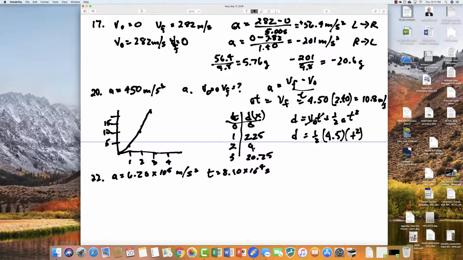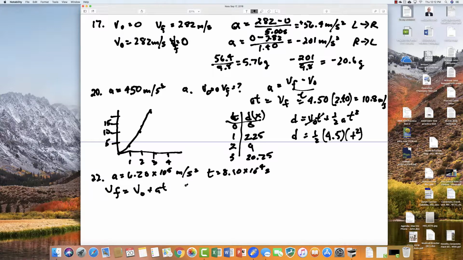The question is, what is the muzzle velocity, or the velocity as it exits the barrel? This is actually quite easy. There's two ways to do this, but probably the easiest is to use the equation VF is equal to V0 plus AT.